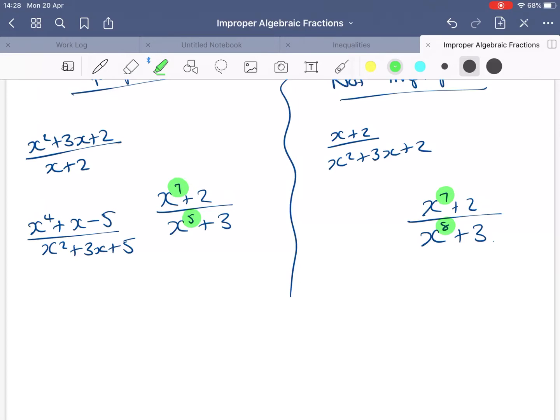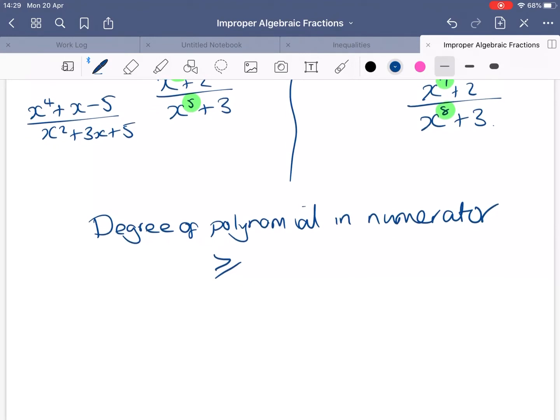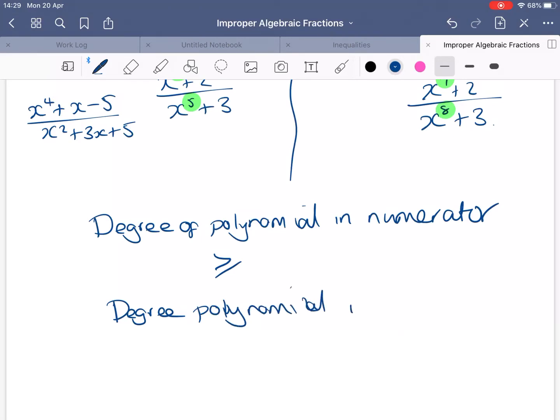Okay, so an improper fraction occurs when the degree of the polynomial in the numerator is greater than or equal to the degree of the polynomial in the denominator.